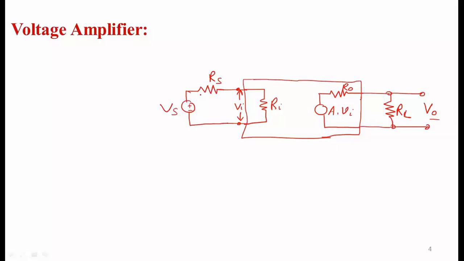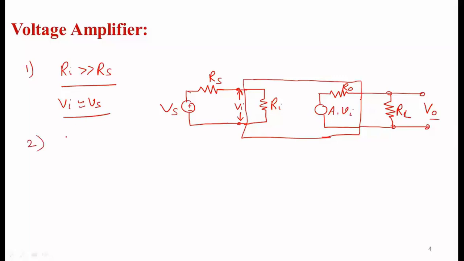In the input section, there are two resistances, one is Rs and one is Ri. If we consider Ri is much greater than Rs, then the voltage drop across Rs will be very less, and we can say that Vi is equal to Vs. In the output section, again there are two resistances.